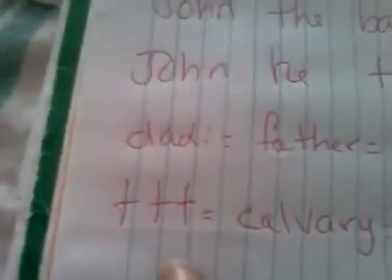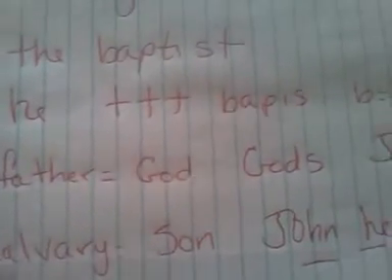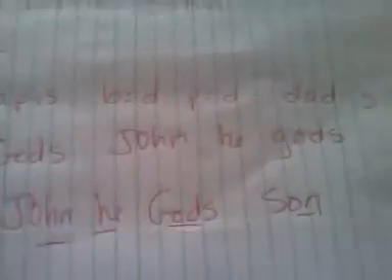Daddy means father. Father means God. So it's God's. So what John the Baptist spells is John, he, God's, 3 crosses, which is Calvary. Calvary refers to Christ. Christ is the Son of God. So 3 Christs means Calvary means Son. So John the Baptist translates to John, he, God's Son.